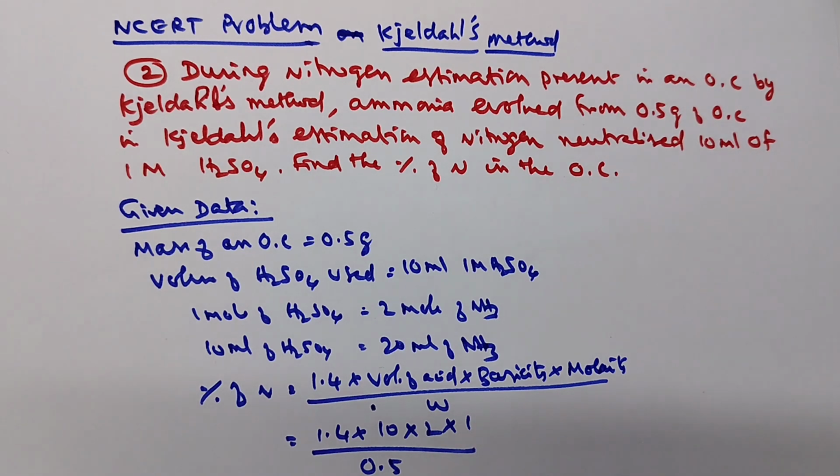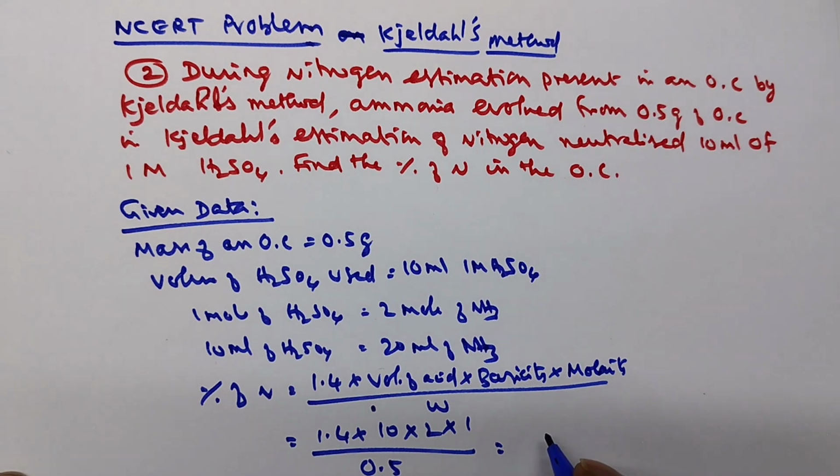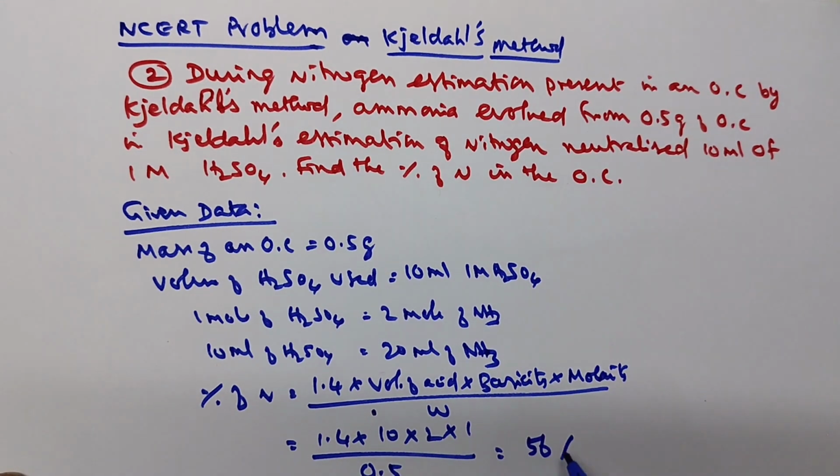If we substitute all these, we get a value of 56% nitrogen present in the organic compound.